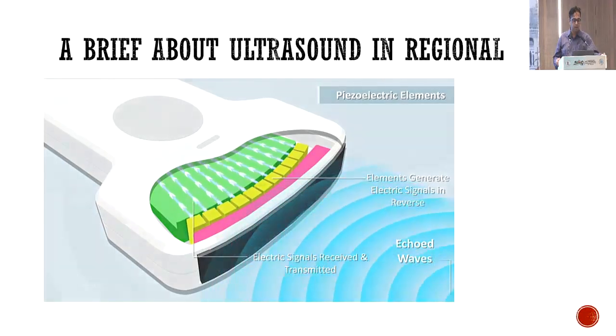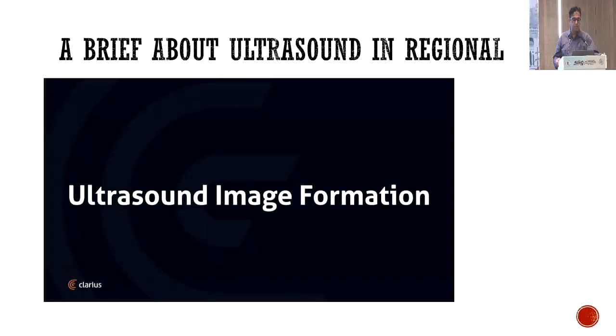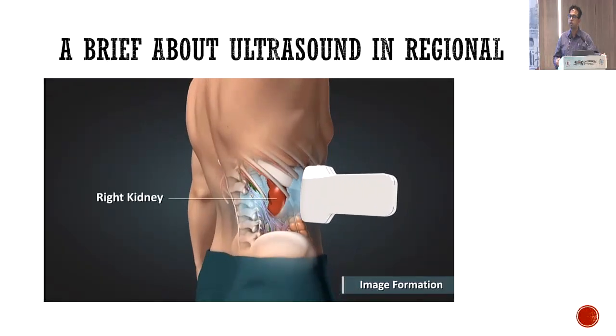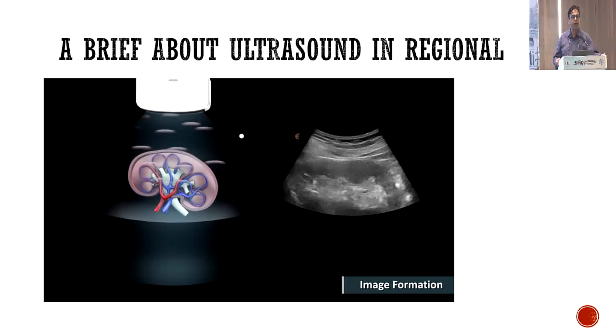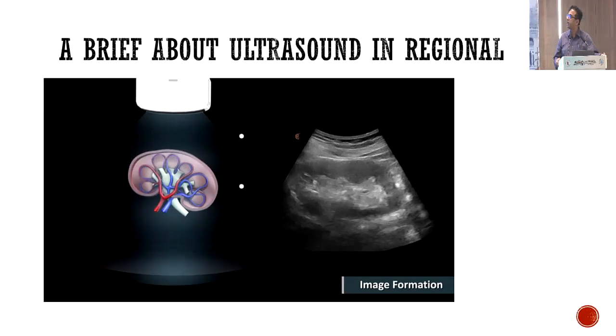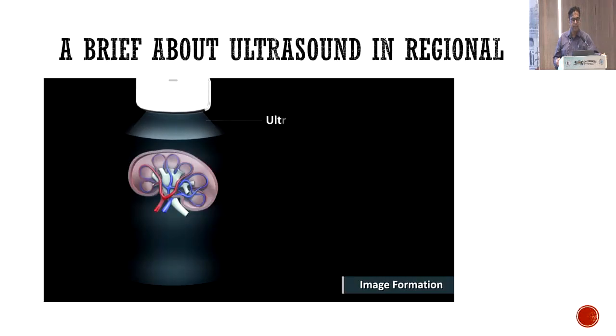For example, if we are scanning the kidney, we put a transducer and we scan the kidney. So sound waves are emerging from the probe and getting reflected back to the probe from the kidney, and we are getting an image.